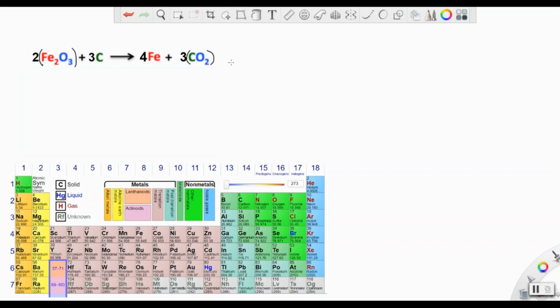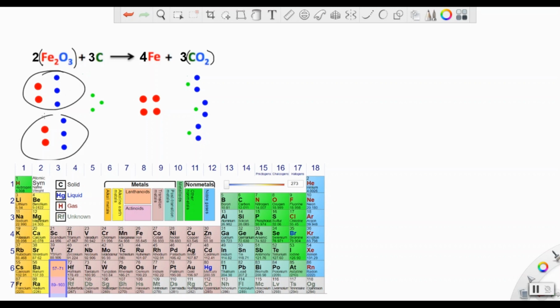Now, this might seem a little weird until we actually stop and think about this from the standpoint of the number of marbles that we have. So here, what I've done is drawn out the marbles so that you can see that there are 2 iron oxide molecules. So here's an iron oxide molecule. It has 2 irons and 3 oxygens, and then we have 2 of those molecules, 1 here and 1 here.